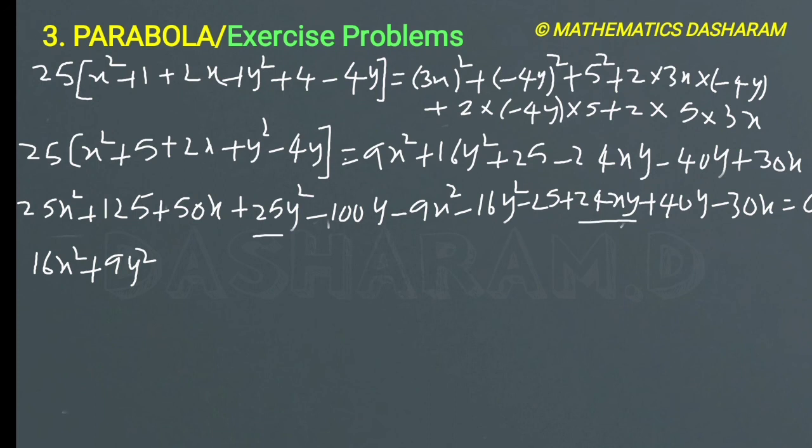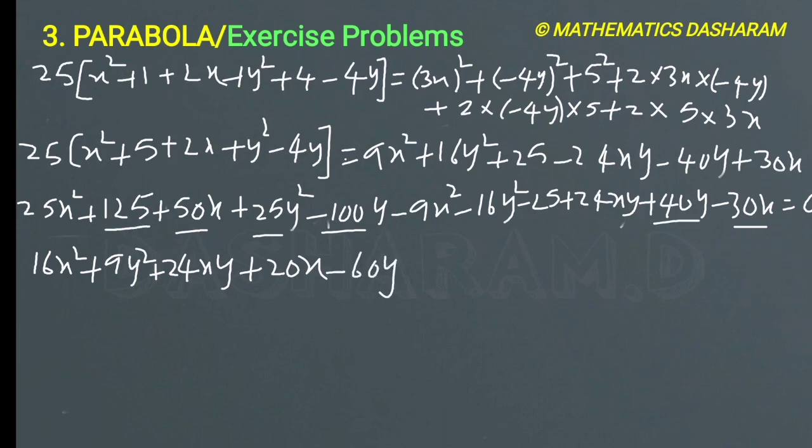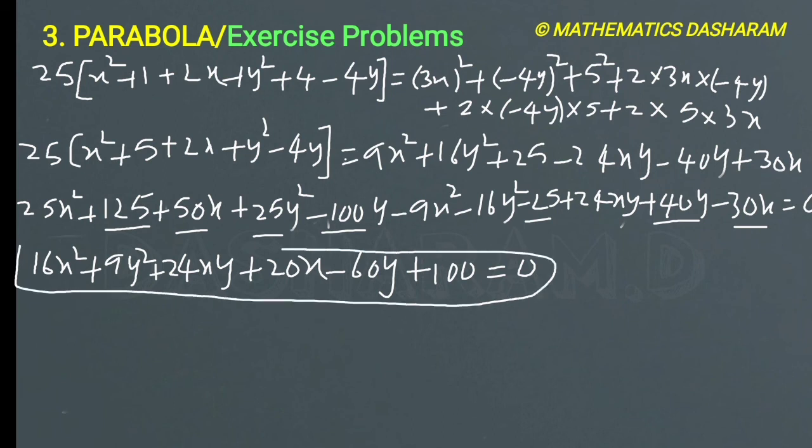Next, here 24xy, so plus 24xy. 50x minus 30x is plus 20x. Minus 100y plus 40y is minus 60y. 125 minus 25 is 100, equals 0. So this is our required equation of the parabola.